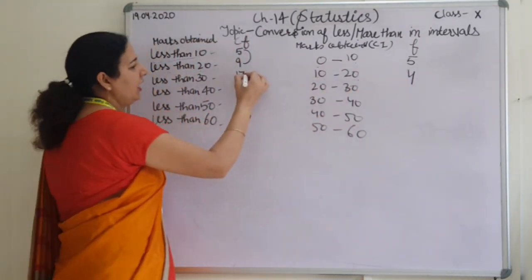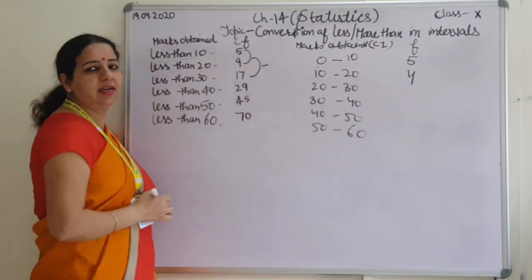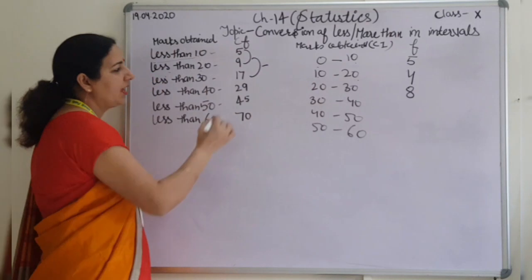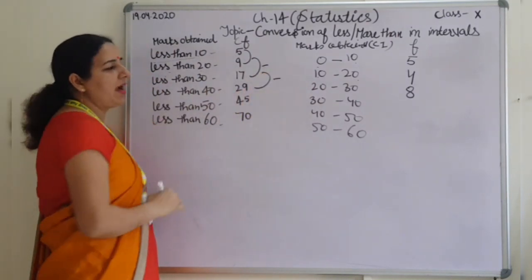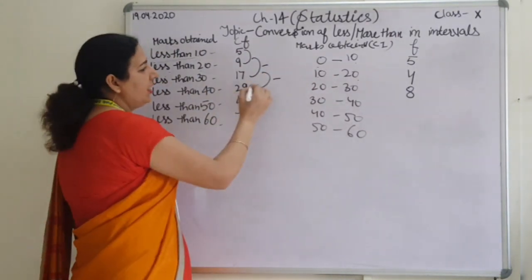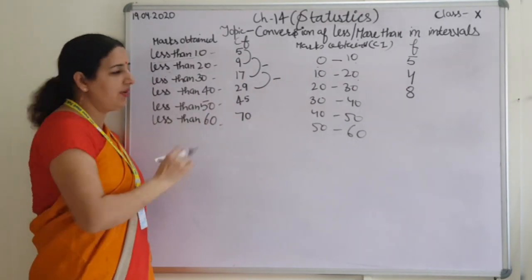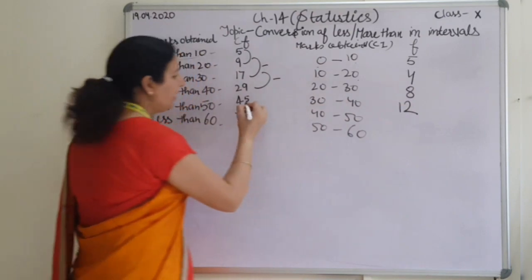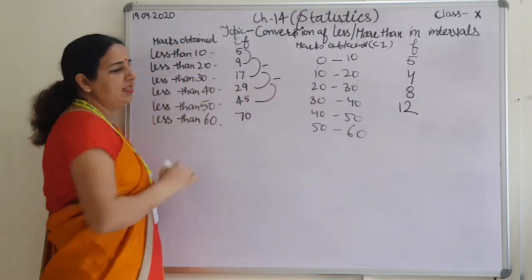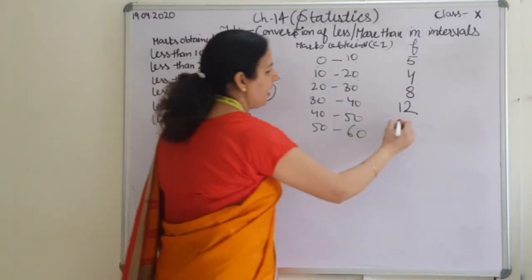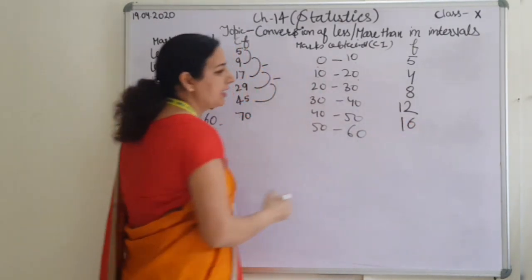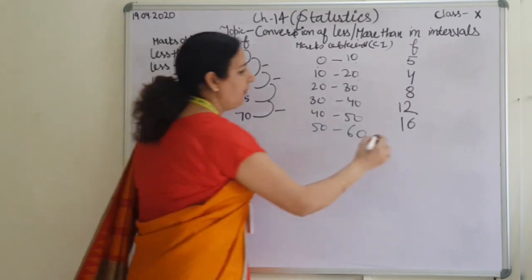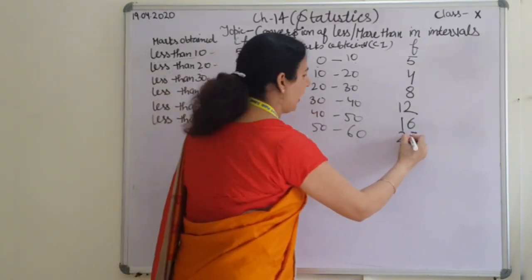For 20 to 30, 17 minus 9 is 8. Then 29 minus 17 is 12. Then 45 minus 29 will be 16. Then 70 minus 45 will be 25.